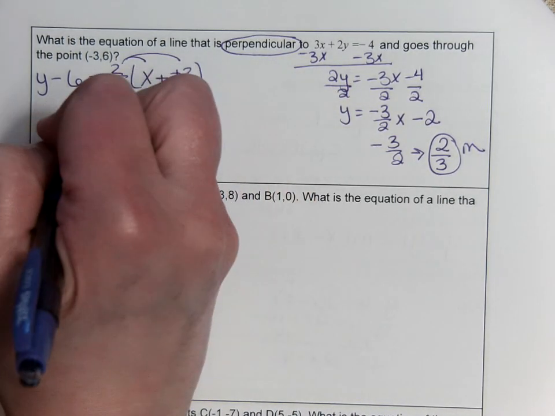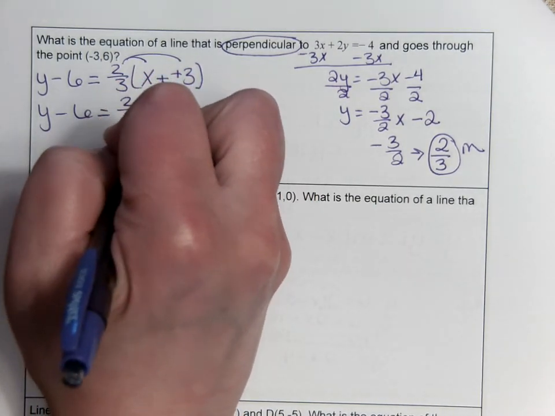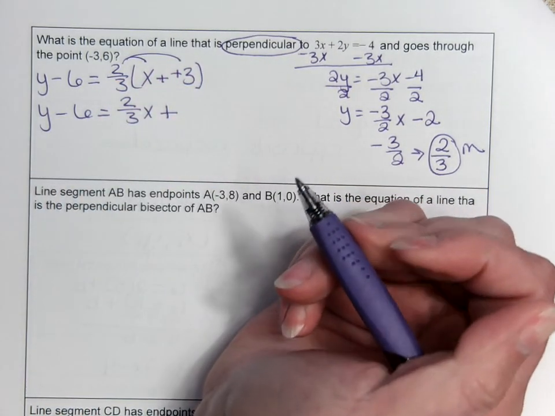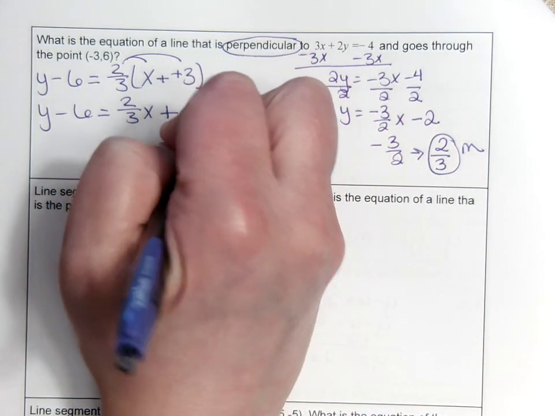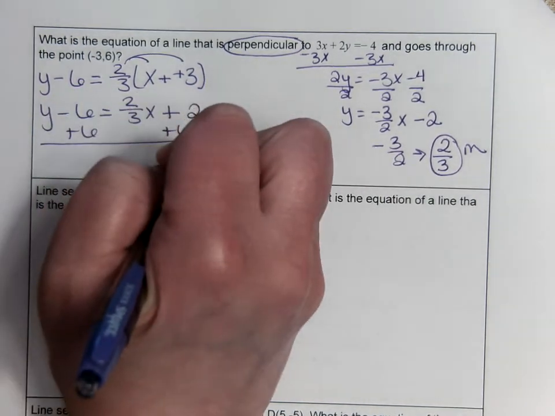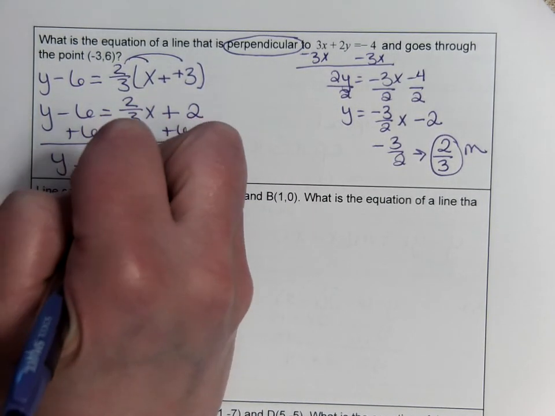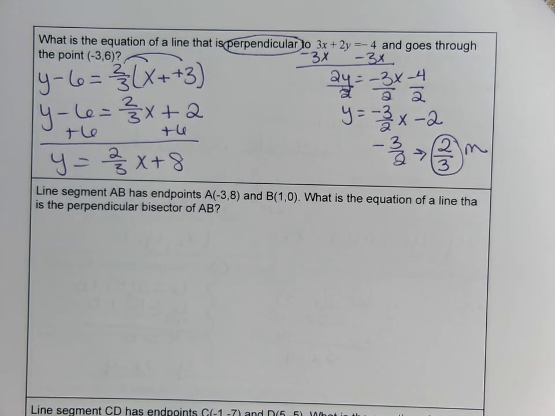So I'm going to bring down my y minus 6 equals, and then we have 2/3 x plus 2/3 times 3, which is 2. Then I'm going to add 6 over, and my equation is y equals 2/3 x plus 8. And there we have it.